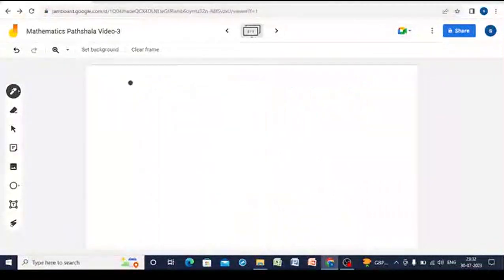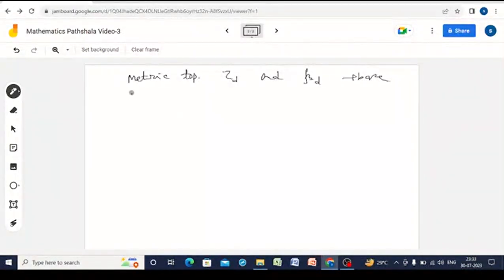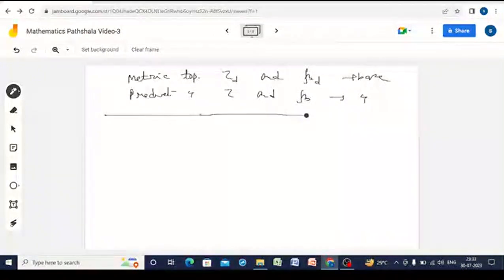So let us now denote the metric topology by tau d and script bd for a base for tau d, and we denote the product topology by tau and script b for the base which is the base for tau. So this will be our notation, and what we need to show is that tau equal to tau d, then our problem will be solved.